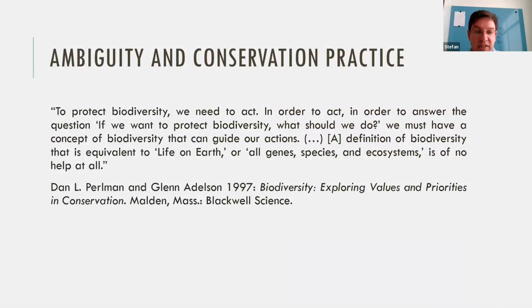They said to protect biodiversity, we need to act. In order to act, in order to answer the question, if we want to protect biodiversity, what should we do? We must have a concept of biodiversity that can guide our actions. A definition of biodiversity as equivalent to life on Earth, or all genes, species, and ecosystems is of no help at all. And here the phrase all genes, species, and ecosystems is precisely what Article 2 of the Convention on Biological Diversity is about.